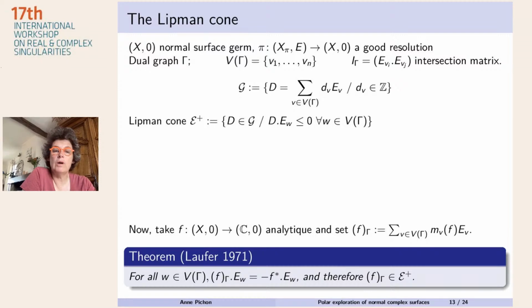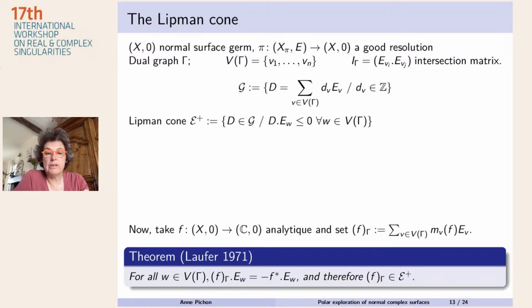And secondly, what we want is that the intersection between D and each EW, for W a vertex of gamma, is less or equal to 0, okay? And so what you obtain is, if you want to now draw the vectors corresponding to components of the Lipman cone, vectors dv1 and so on, dvn.